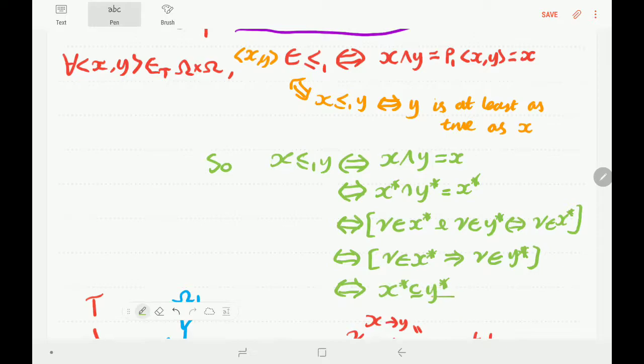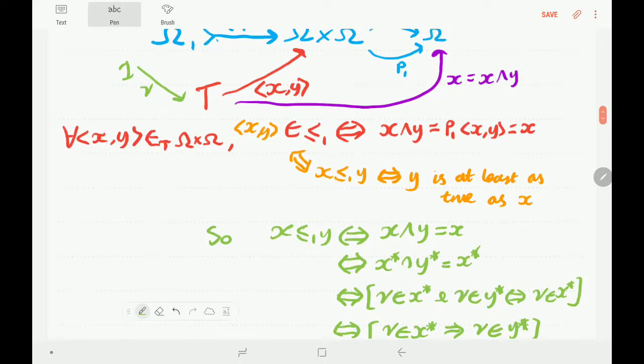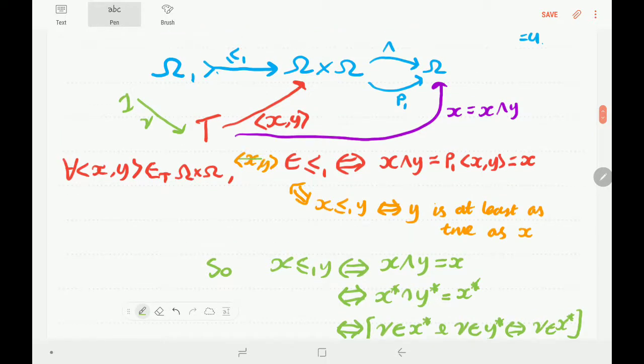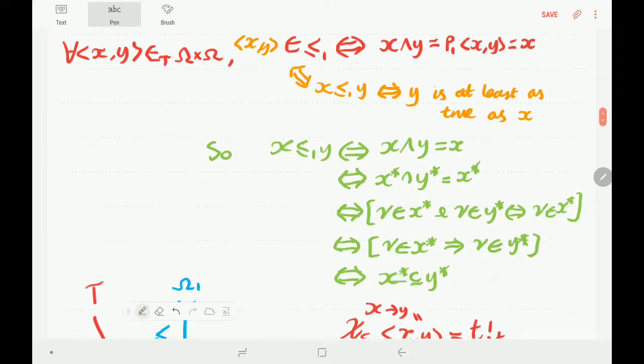So the bottom line is that precisely when we have the x comma y, these two arrows into the subobject classifier, when they're paired together, when x comma y is in this less than or equal to, that's equivalent to saying that x star is a subobject of y star, or x star is in y star, or x star is contained in y star.